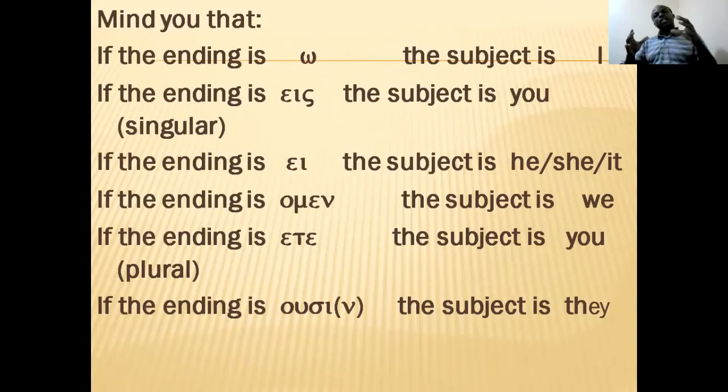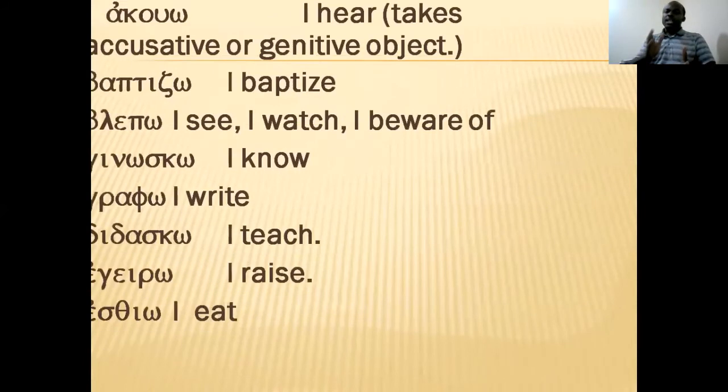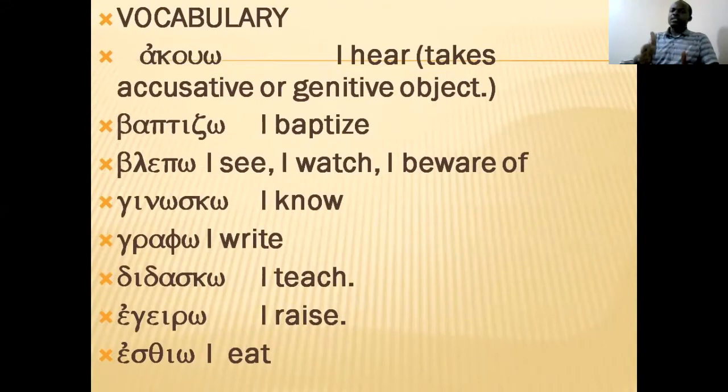Now, if you want to get the stem of a word, you simply have to separate the ending from the stem. As far as the present active indicative is concerned, when you remove these endings from the word, you are getting the stem.